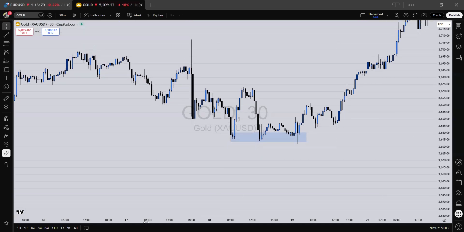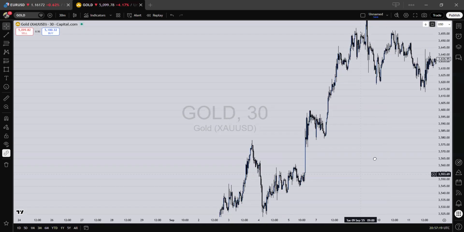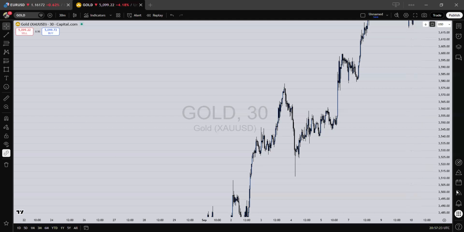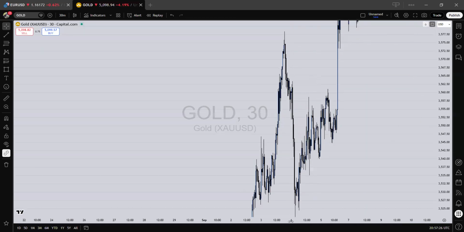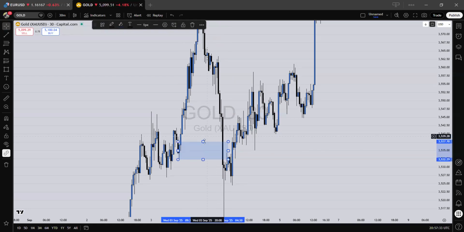So please, how price gets to your POI is more important than even the POI you are boasting of. The POI can just be violated. There are people that bought here, that set limit orders to buy here.